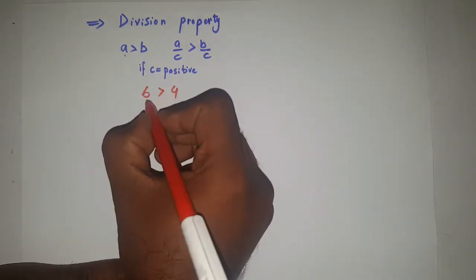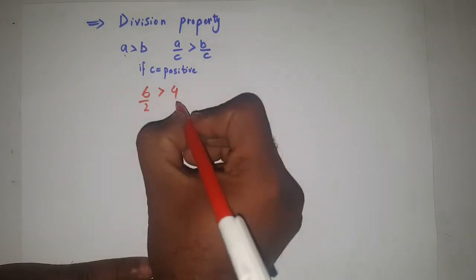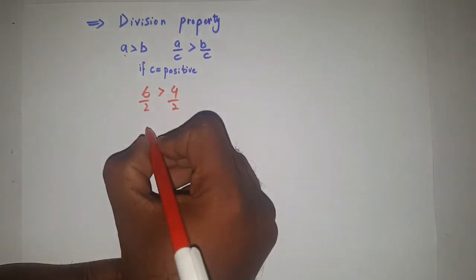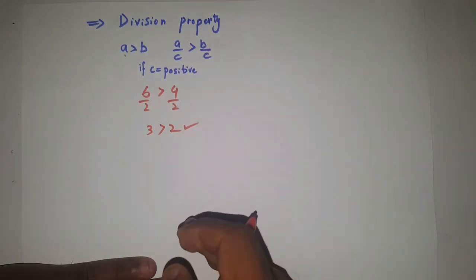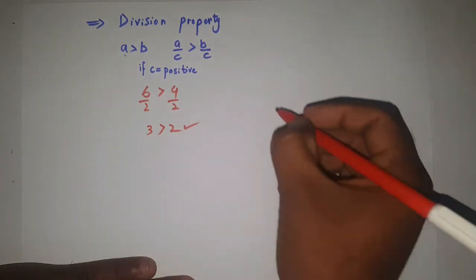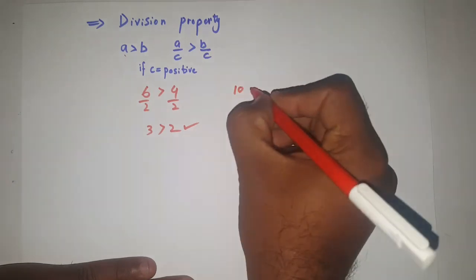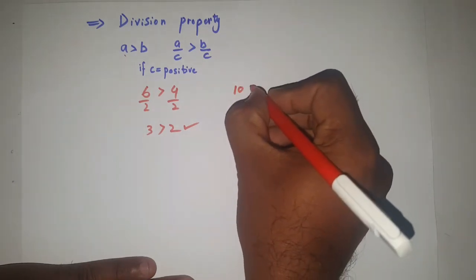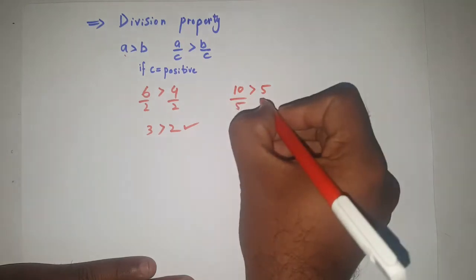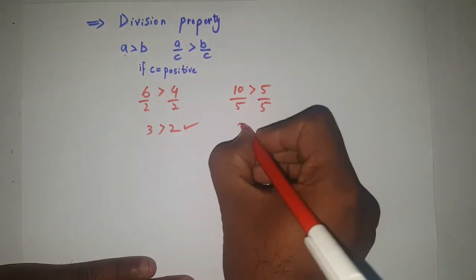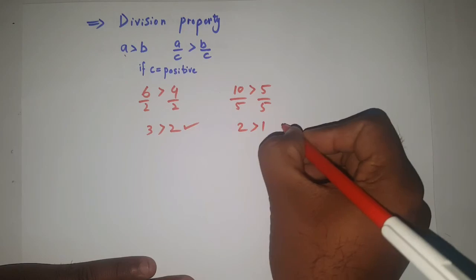Now if I divide by 2 on both sides, the answer is 3 is greater than 2. The inequality is true. 10 is greater than 5. If I divide by 5 on both sides, the answer is 2 is greater than 1, which is true.